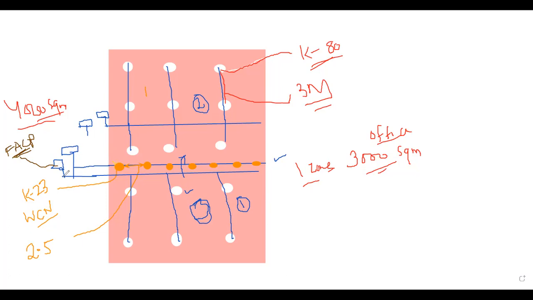What is the use of a flow switch? If water flows inside this, the flow switch will activate and give an alarm signal to the panel. Then another flow switch will be there.